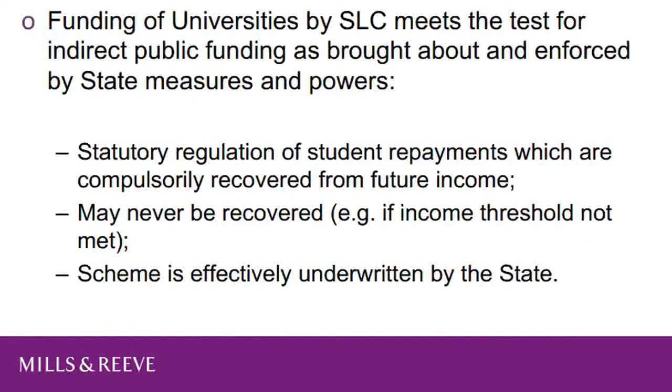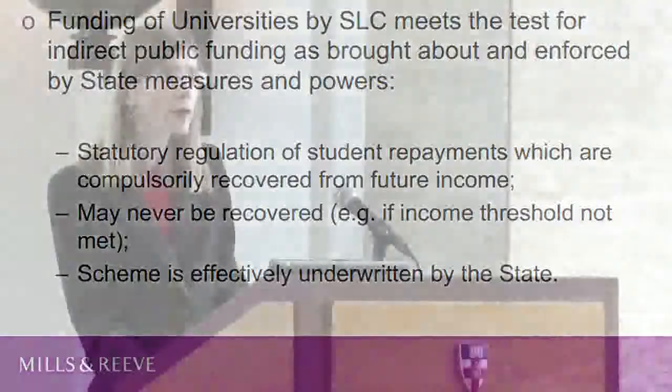And we know that if the income threshold is never met, then the student never has to repay the loan at all, which means that that would be direct public funding, because the student loan company would have paid for the tuition fee. And going back to where I started in terms of those three limbs and the purposive and functional approach to their interpretation, there must be a real dependence between the university and the student loan company, because universities rely on those payments received from the student loan company.